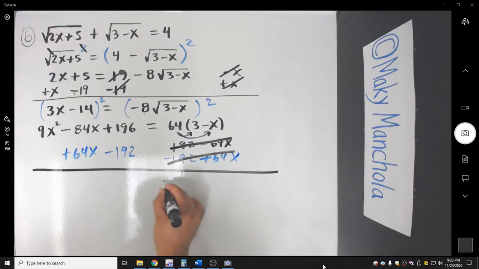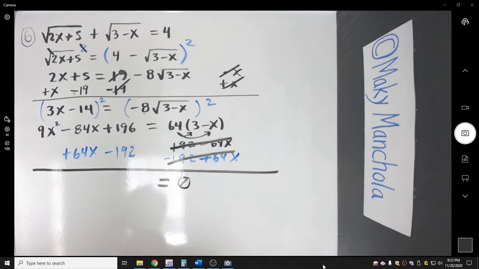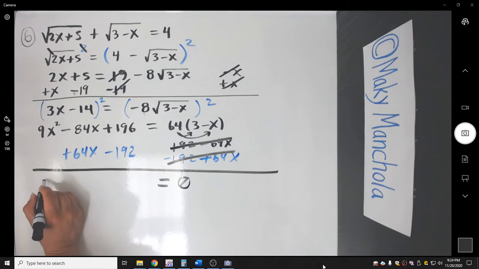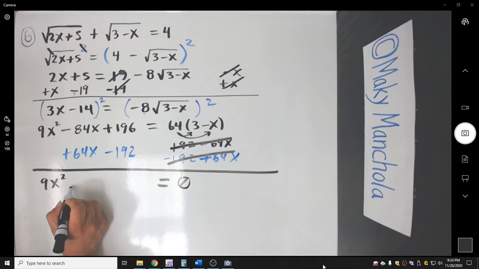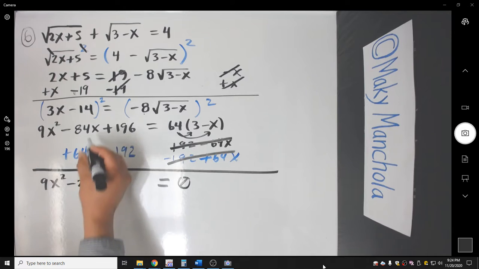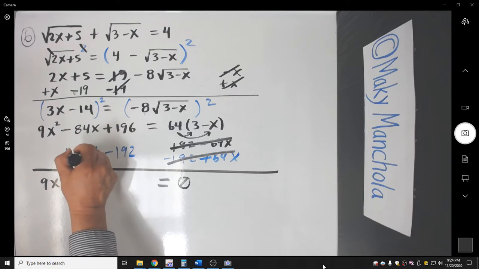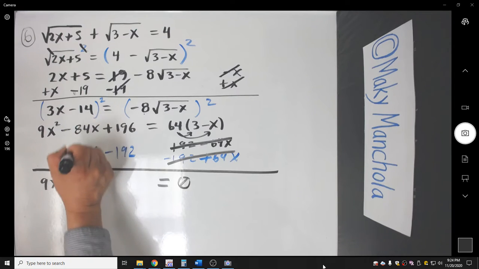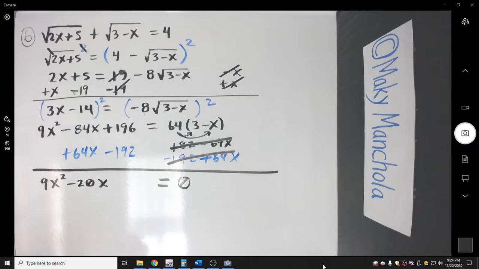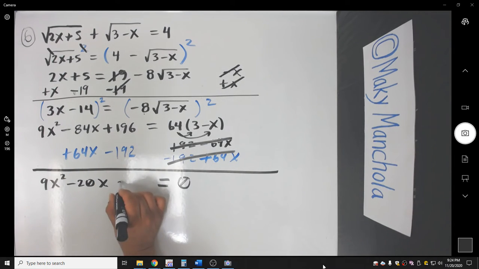Right side is now 0. On the left, we have 9x squared minus 20x. Negative 84 plus 64, the answer is negative. The difference between 84 and 64 is 20. So it's negative 20x. And then 196 minus 192 is 4.